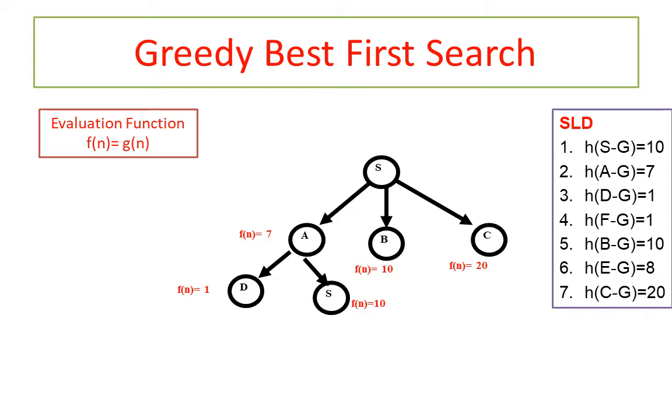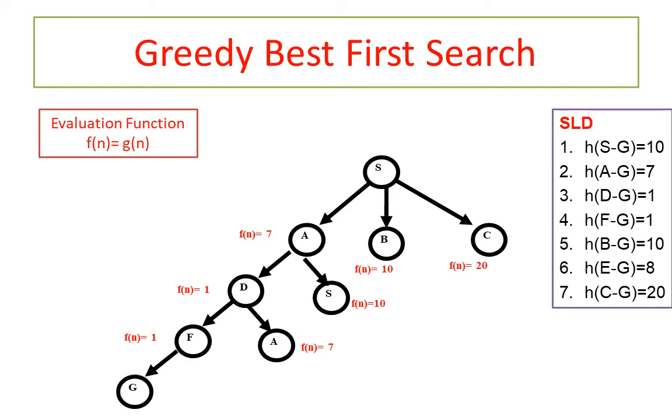Again the minimum one is D, so we are evaluating that one. The next adjacent nodes for D are F as well as A, and for F the straight line distance is 1, and for A the straight line distance is 7. The minimum distance is 1, so that is selected.